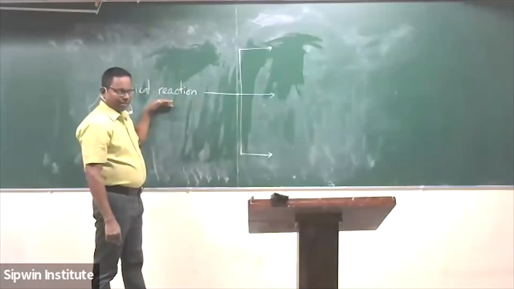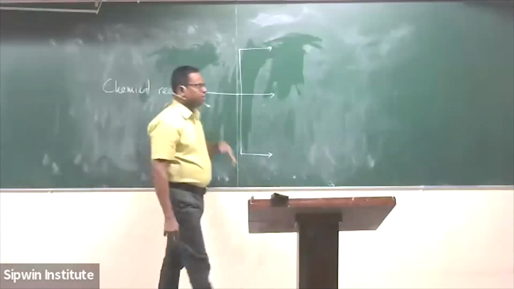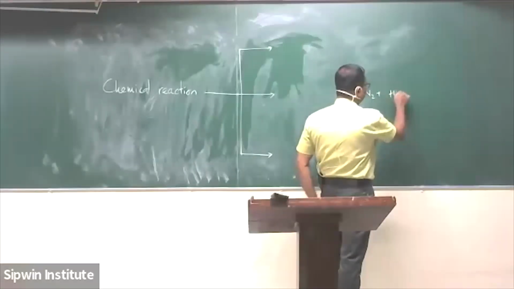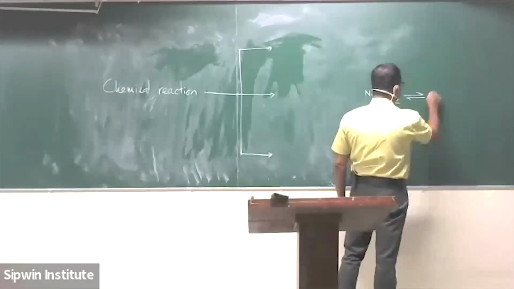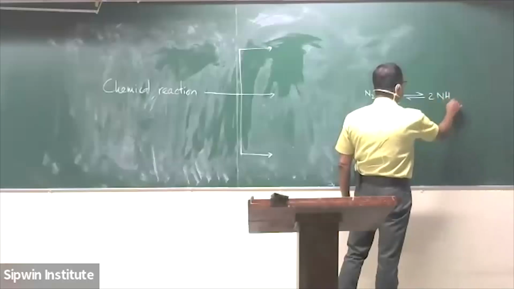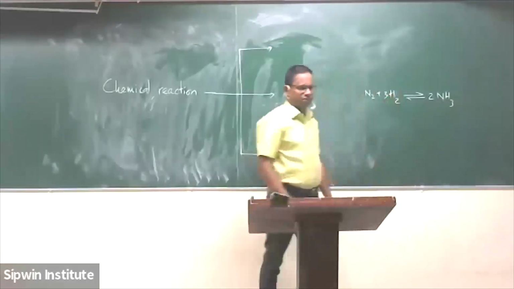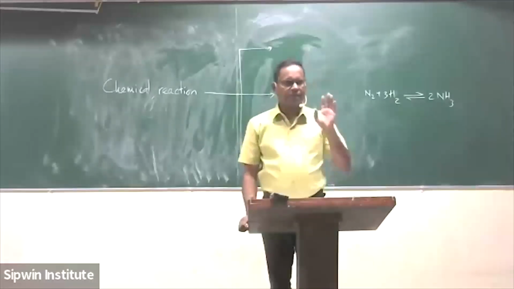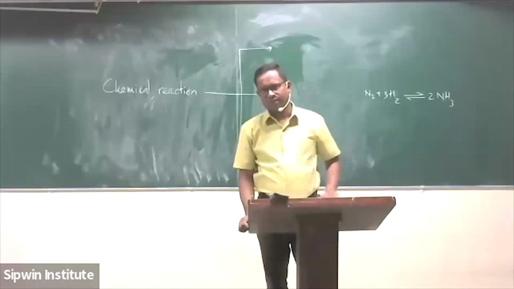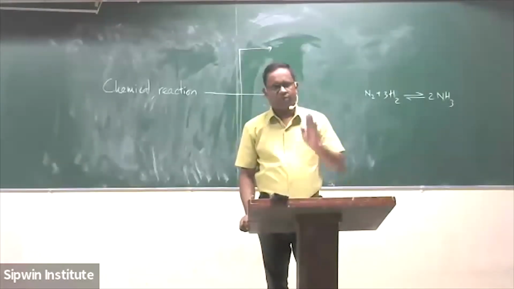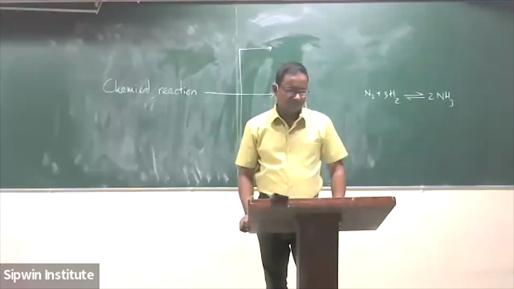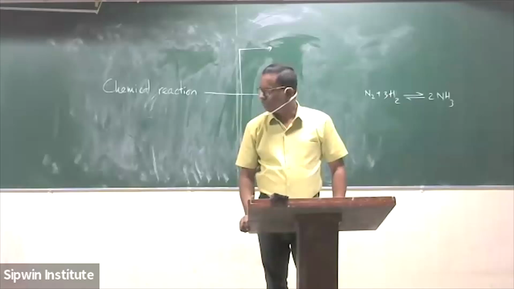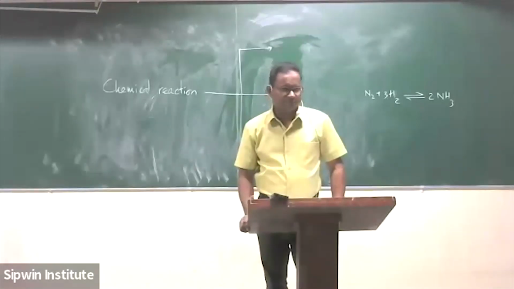When we want to study a reaction, we can think about whether the reaction, say for example nitrogen, hydrogen, ammonia, under the given conditions of temperature, pressure, is possible to happen or not possible to happen. We say that one is the feasibility of the reaction.